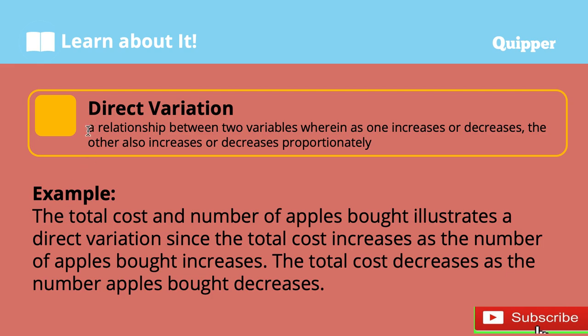Direct variation is a relationship between two variables wherein as one increases or decreases, the other also increases or decreases proportionately. For example, if you bought apples, the total cost and the number of apples bought illustrate a direct variation, because the total cost increases as the number of apples bought increases, or the total cost decreases as the number of apples bought decreases.